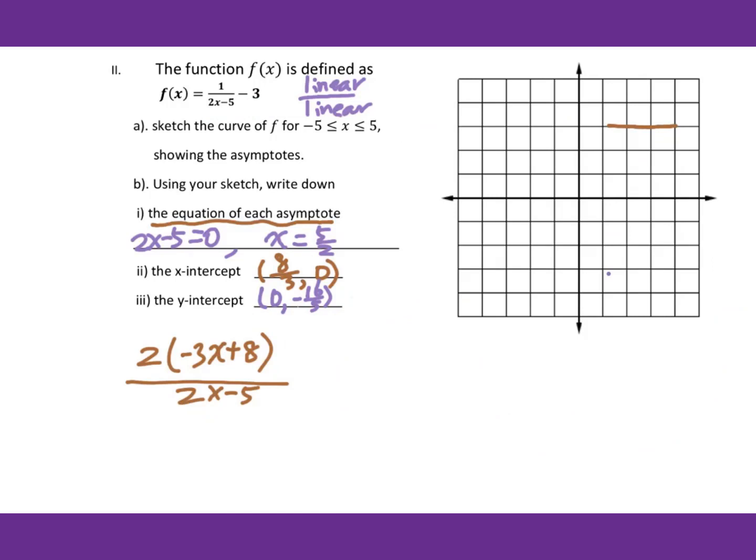For linear over linear pattern, this kind of rational function, we have 2 types of graph. Suppose this is a vertical asymptote line and a horizontal asymptote line. The graph either looks like this or looks like this.